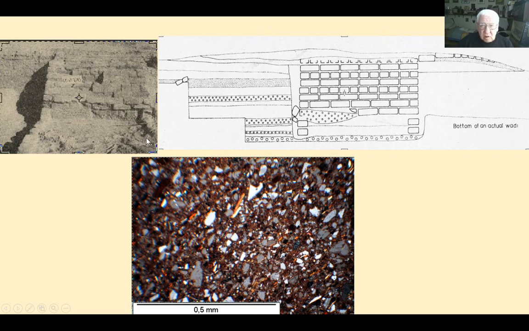From the Nile up to Kasr el-Sagha is about 25-30 kilometers; it was transported by water, and the construction was made.